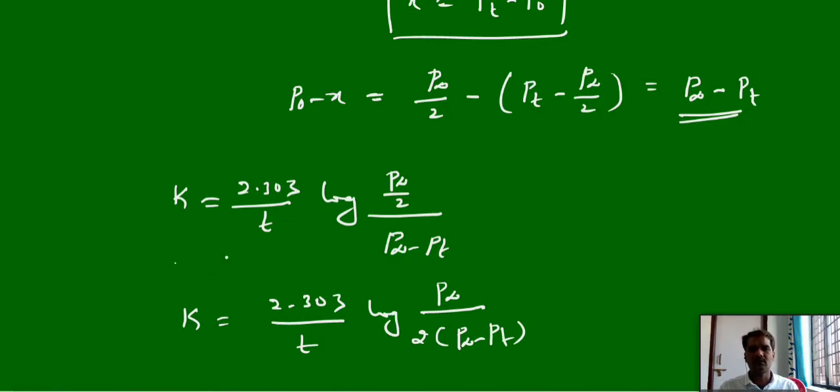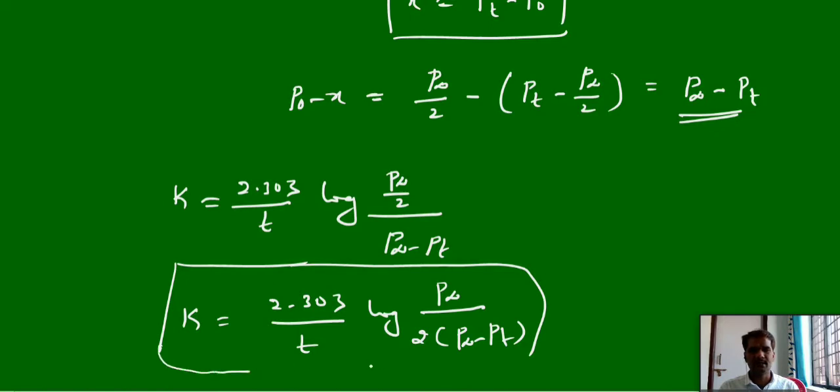This is the total equation. This is the integrated rate equation for a gas phase reaction when the pressure at time t and at infinite time is given.